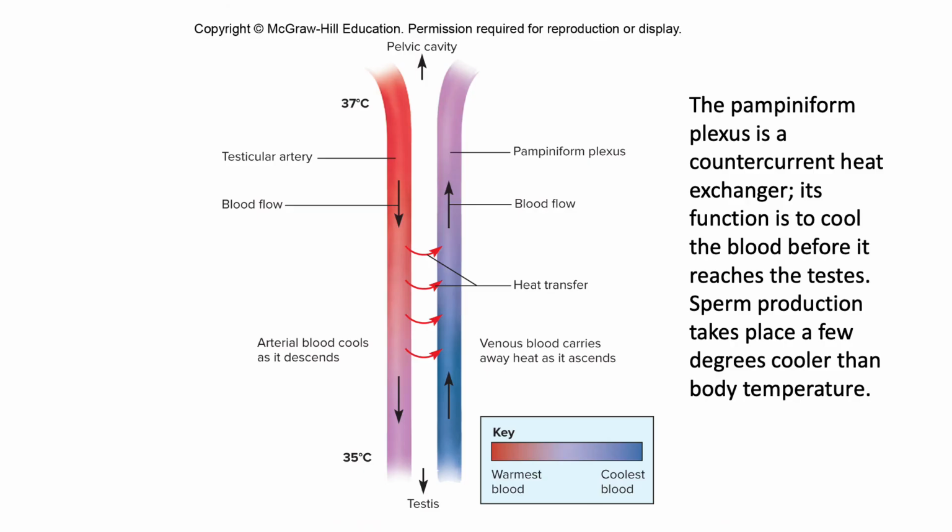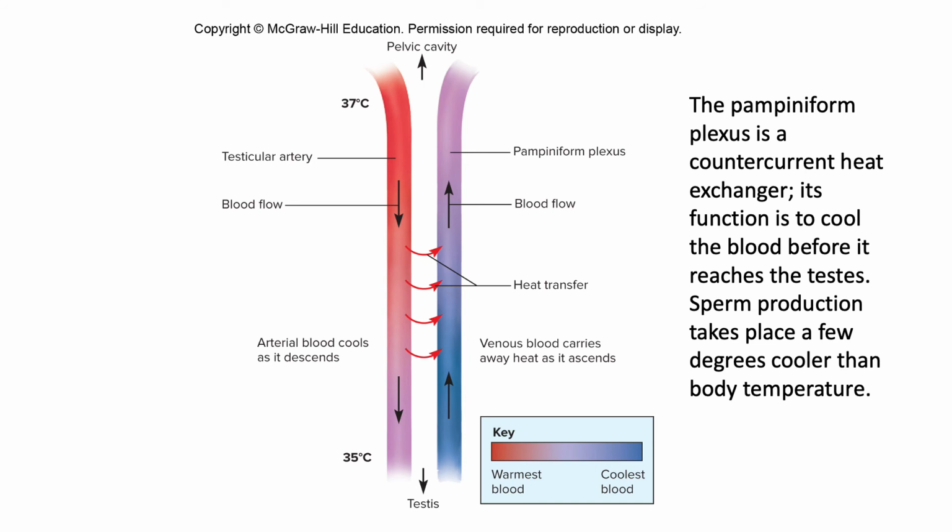So the pampiniform plexus acts as a countercurrent heat exchanger. You have warm blood flowing in one direction and cool blood flowing in the opposite direction, just adjacent to the warm blood. So you have a heat transfer from the warm artery descending from the abdomen to the testes.